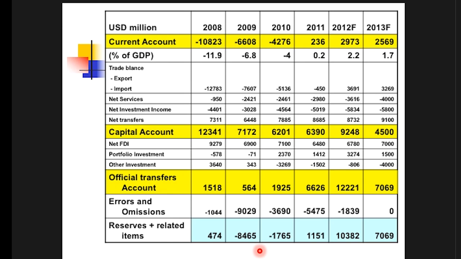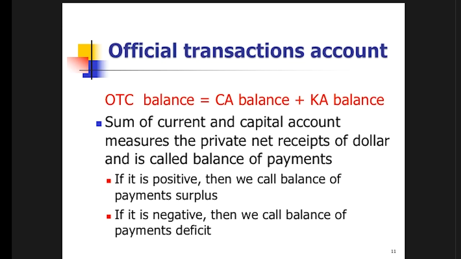All these values are called a surplus or deficit.